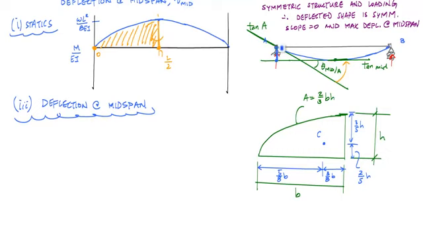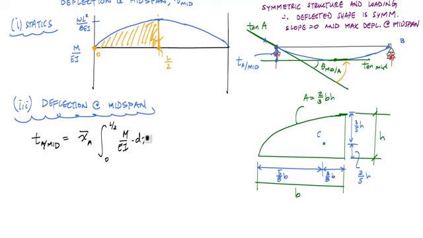This blue distance right here is t A/mid. This can be calculated by the first moment of area from A to the midspan, which is the integral from 0 to L over 2 of x bar A times M over EI dx.